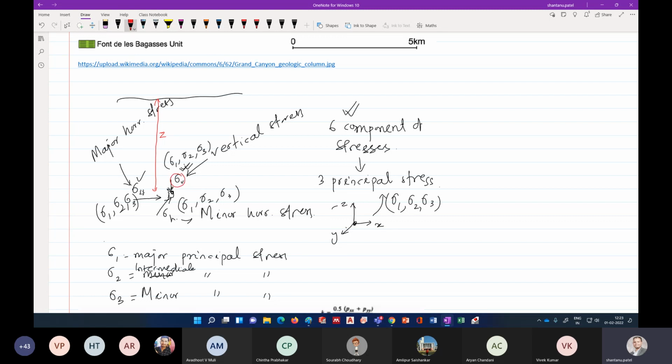One is in the vertical direction, two are in the horizontal direction, and they are mutually perpendicular to each other. One of them can be your major principal stress, another can be your minor principal stress, and third can be your intermediate principal stress. But we don't know which is what. Okay, so this is the story, right? And we really need these values when we go for design of any underground structures, right? Because whether it's going to fail or not depends upon our in situ stress.